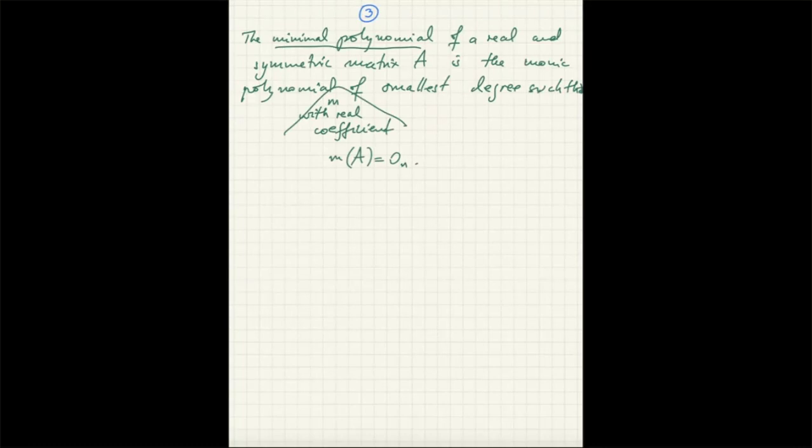And so the previous result just implies that the minimal polynomial of A is m(x) equals the product of (x minus theta) over the distinct eigenvalues.